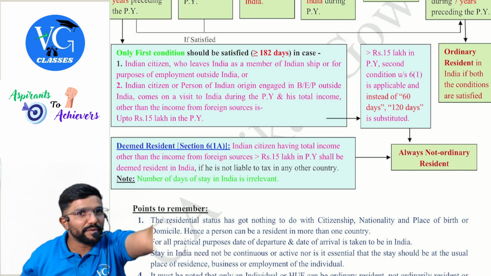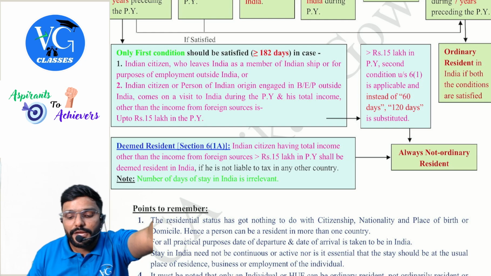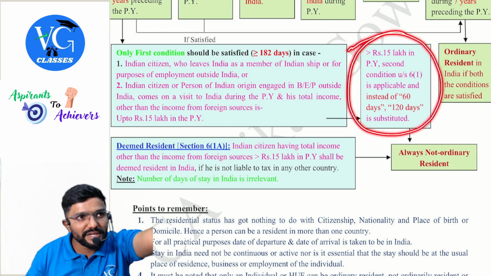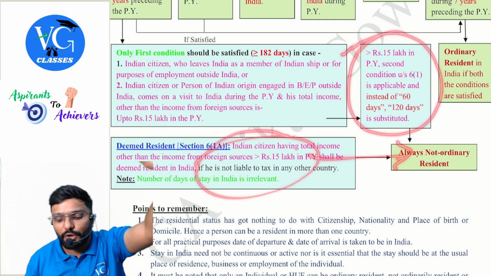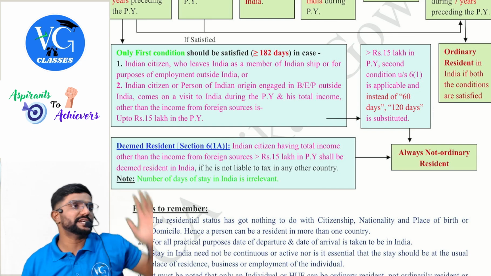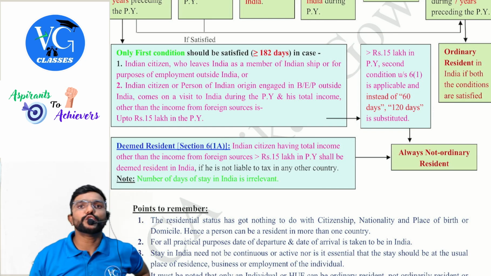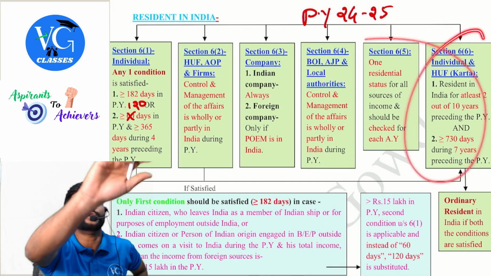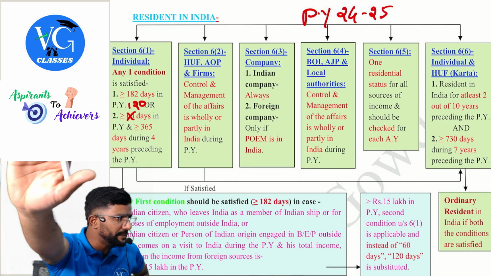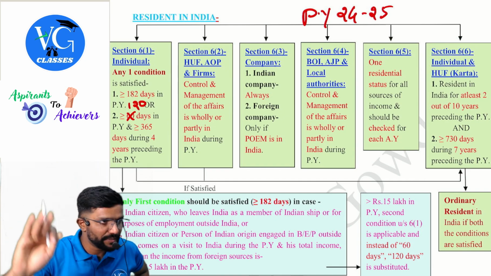Now, one key point. Look here. If you have become a resident as per this point or this point, you are always not ordinary resident, guys. Sir, should I go and check the additional condition? No need. So please keep this in mind.